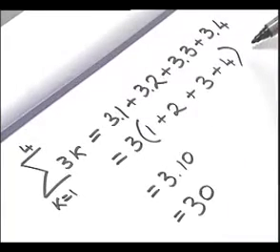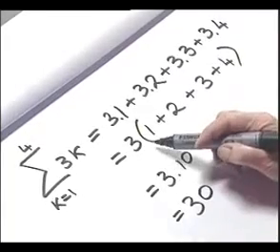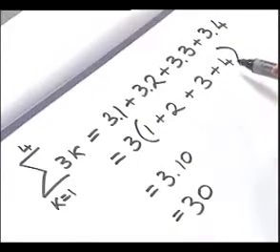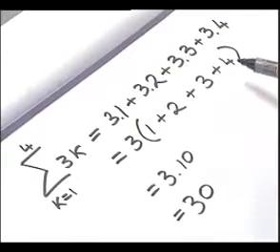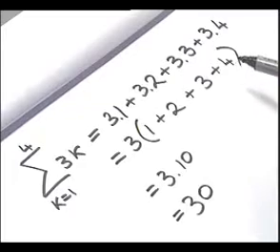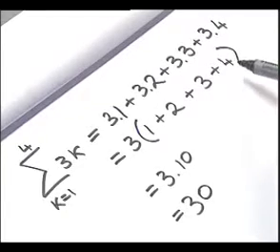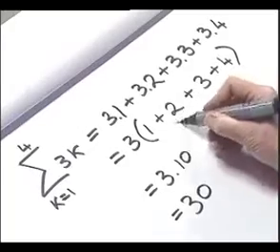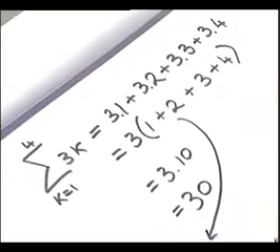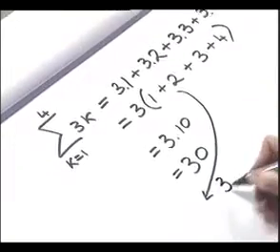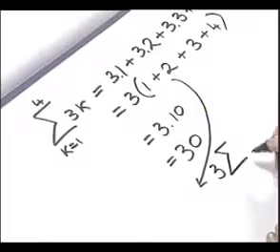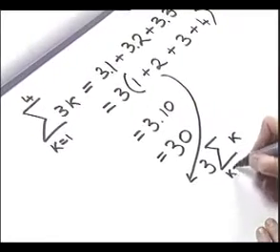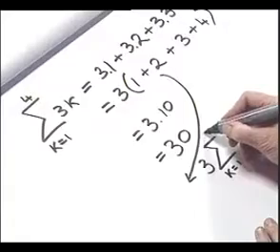Well, look at this second line. You've got 3 times 1 plus 2 plus 3 plus 4. That's the addition of k when k is 1, 2, 3, and 4. And we can rewrite this using sigma notation. That is 3 sigma of all values k from k equals 1 to 4.